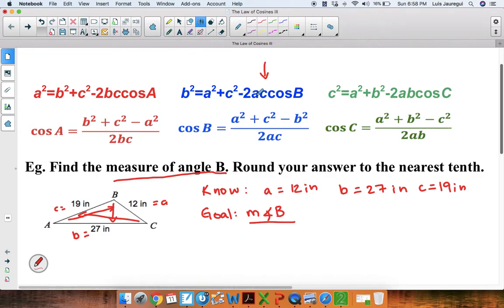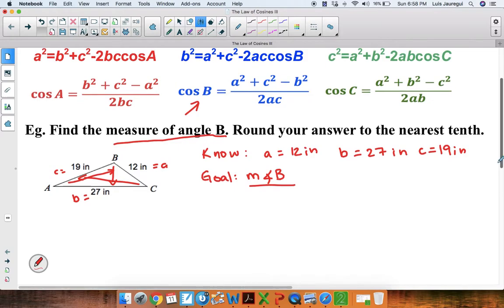However, we can use the equivalent statement because it will be more direct. Notice we can just substitute everything into the right hand side. So I'm going to be using the equivalent one, writing cosine of B is equal to a squared plus c squared minus b squared all over 2ac.